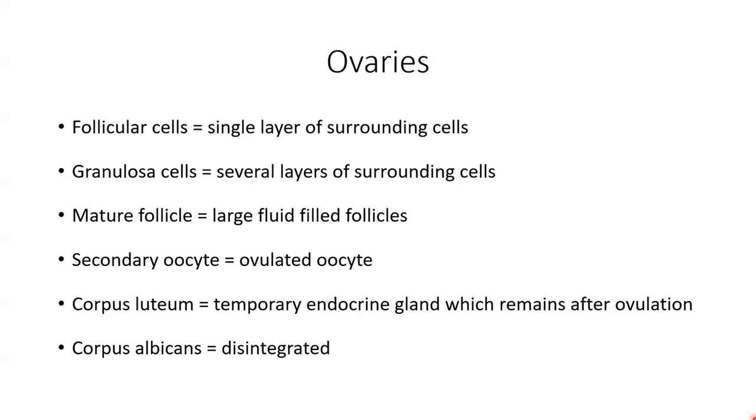The corpus luteum becomes a temporary endocrine structure which produces and secretes progesterone, estrogen, relaxin, and inhibin. If the secondary oocyte is not fertilised after ovulation, the corpus luteum will degenerate into fibrous scar tissue, and we call it the corpus albicans.